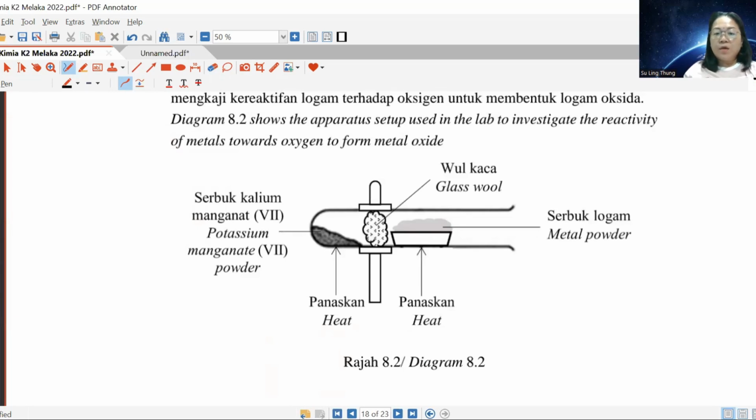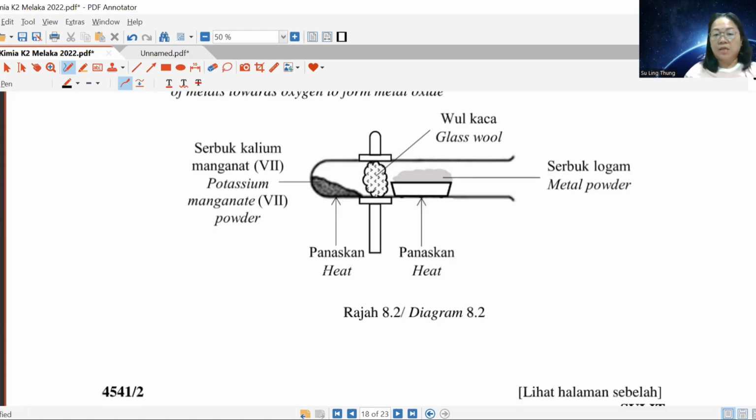We have glass wool here to make sure that the oxygen gas does not escape too fast. Once the potassium manganate 7 powder is heated up, it will produce oxygen so fast that it can escape very quickly. That's why we need glass wool there to hold back the oxygen gas.